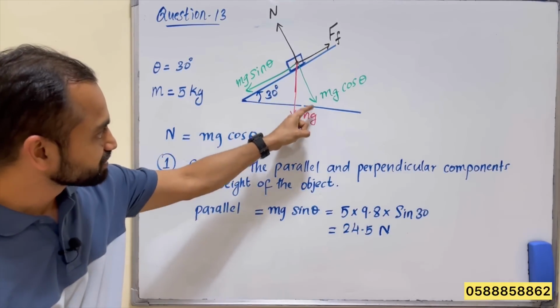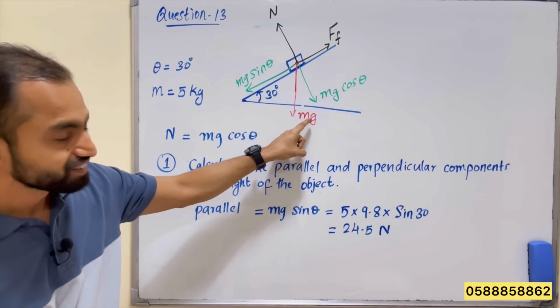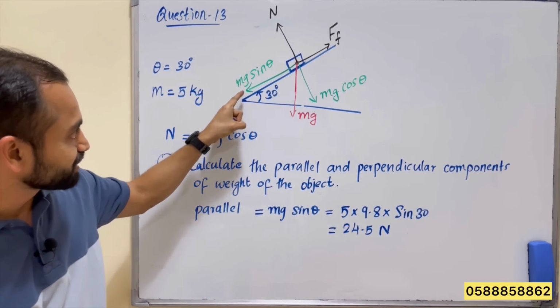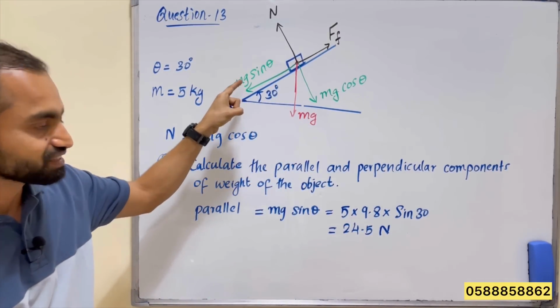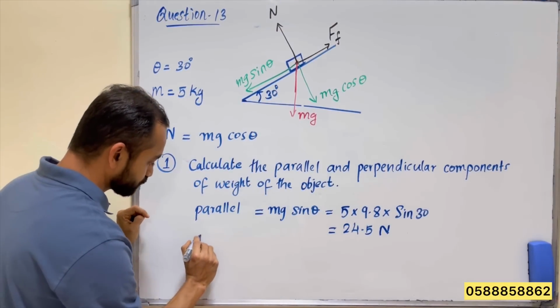How to calculate the perpendicular component? Perpendicular component is mg cos theta, right? This is mg. This force we can divide into two components, mg sin theta and mg cos theta. Mg sin theta is the parallel component and the perpendicular component is mg cos theta.